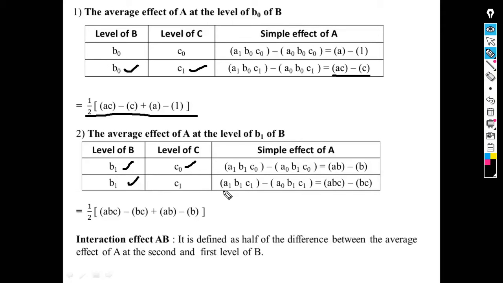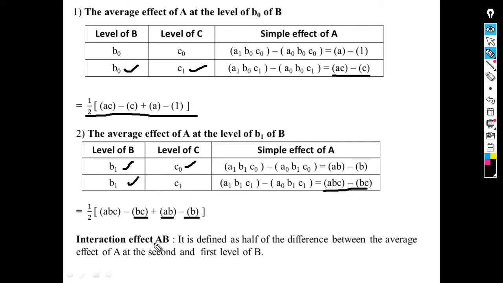So we get the simple effect of A as A1 B1 C1 minus A naught B1 C1. It can be written as ABC minus BC. Now take the average of these two simple effects. So we get the average effect of A at the second level of factor B: 1 by 2 ABC minus BC plus AB minus B.